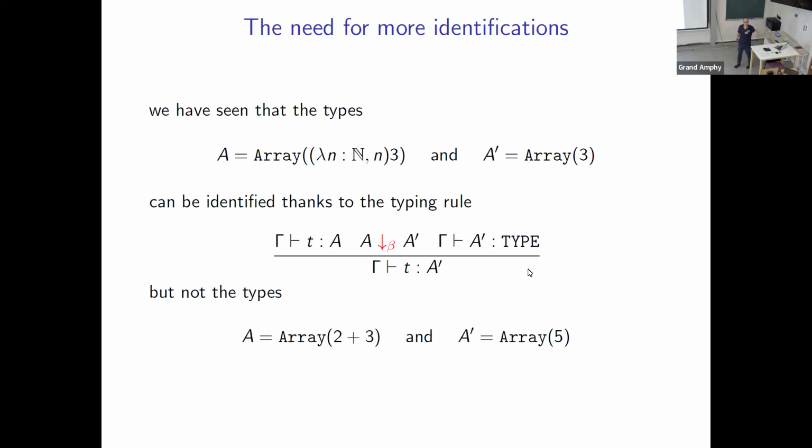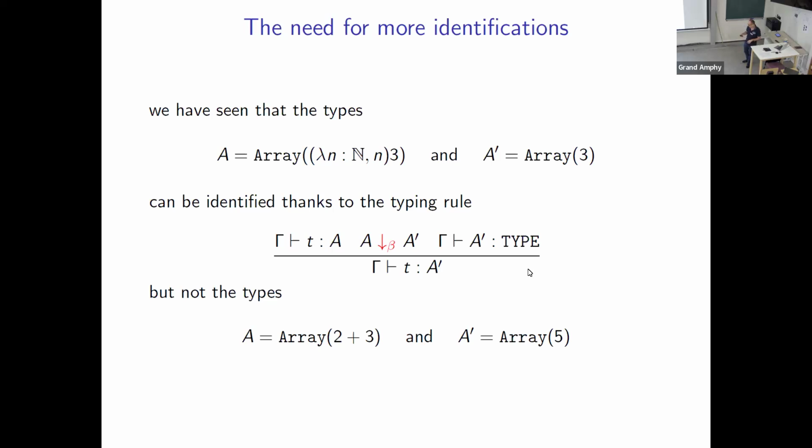And we have seen the example of concatenation on arrays: if we concatenate an array of size 2 with an array of size 3, then we get an array of size 2 plus 3. That's nice, but in practice, we want to identify this type with array of size 5. At the moment, it's not possible. We have nothing saying that these two types are equivalent.